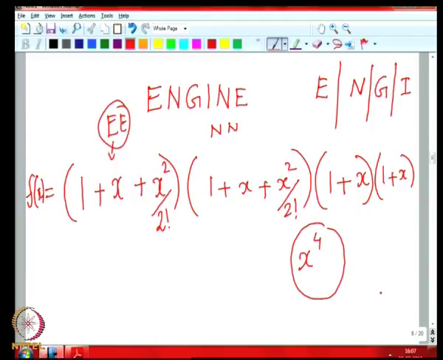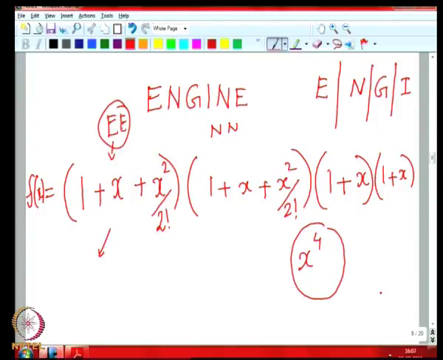So, what are the possible ways to get x raised to 4? Definitely we have to select something from here, something from here, something from here, and something from here to make x raised to 4. For instance, if you take x square by 2 factorial from this thing and x square by 2 factorial from here, then you have to take 1 and 1 from here, because x square times x square is already x raised to 4, right.